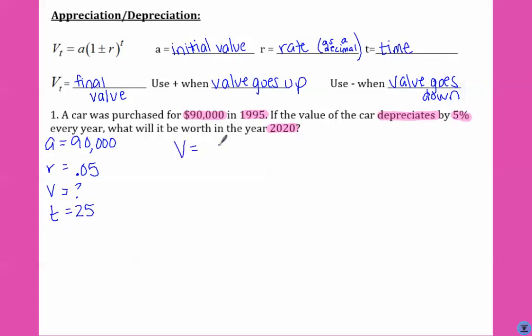V equals 90,000 times 1. Now, should we use a plus or a minus? The value of the car is depreciating, which means it's going down in value. So minus 0.05, to the 25th power. Since there's no variables on the right-hand side, it's all numbers, we can just type it in our calculator.